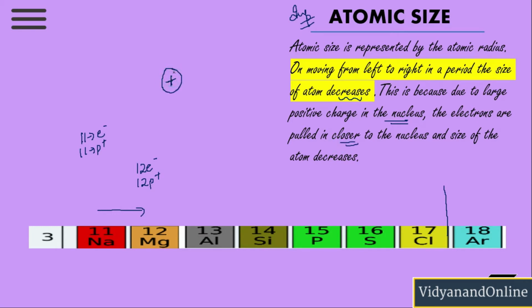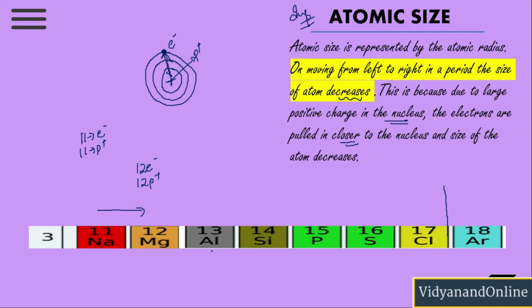As you increase the number of protons, the number of electrons will also increase, because of which there will be a strong force of attraction between electrons and protons, and therefore electrons will be attracted towards the protons inside the nucleus, and the size is going to shrink. And therefore as you move from left to right, the size of the atom is going to shrink because of the large force of attraction between electrons and protons. I hope this is clear now.